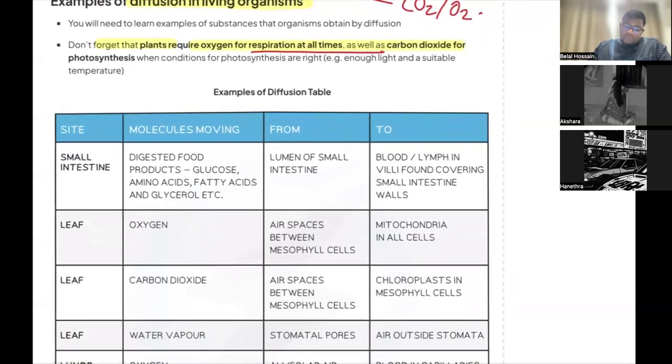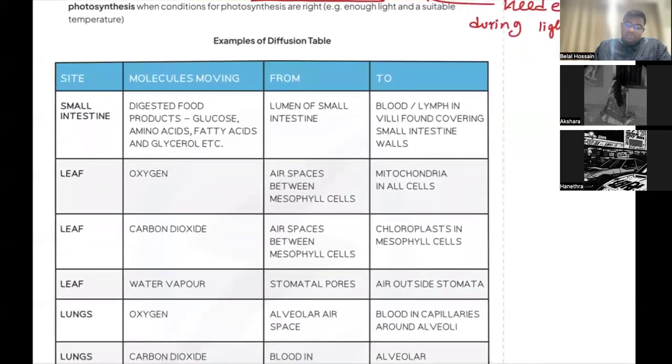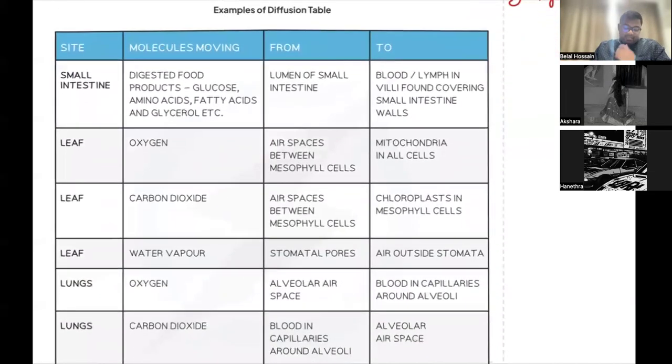When conditions for photosynthesis are right, CO2 is only needed during the day, during light hours, whenever there is light. So if there is a light at night as well, let's say glowing on the plant, then it will need CO2.